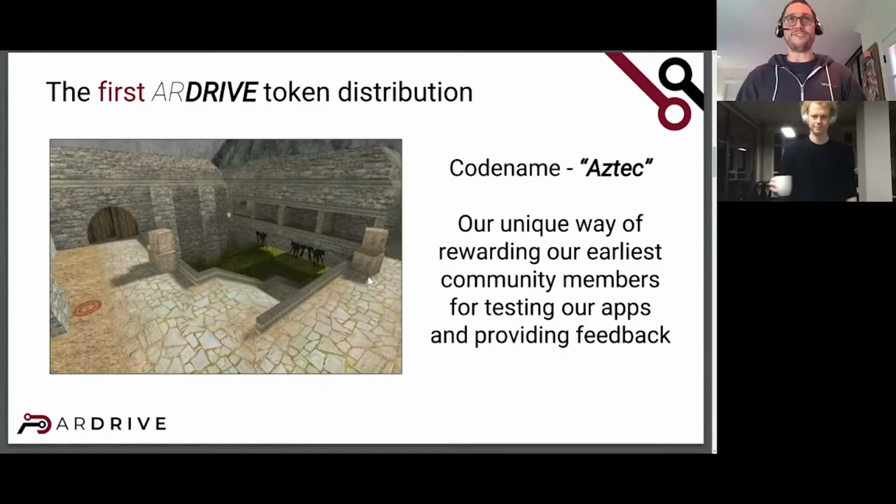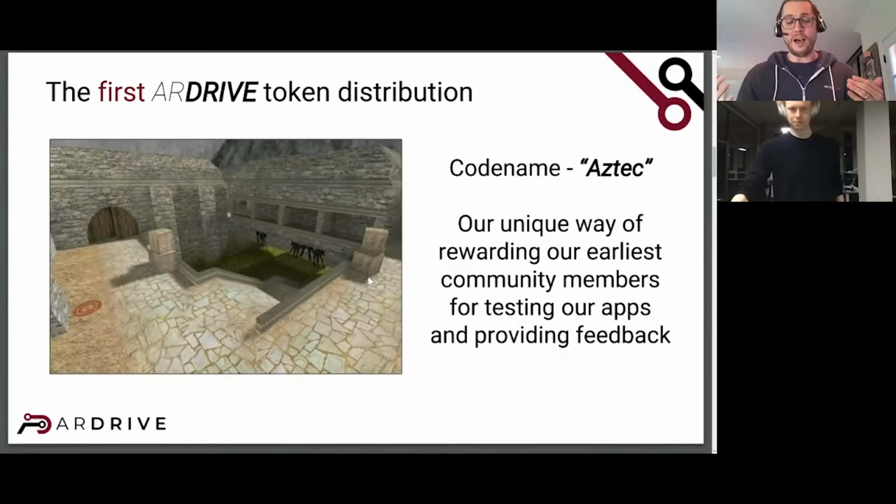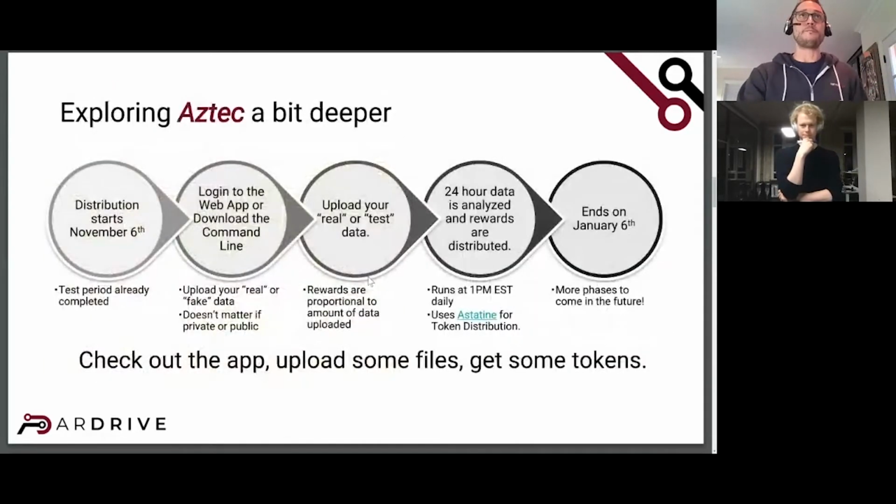I don't know if there's any Counter-Strike fans out there, but this is a map from the game. It's a very simple map, lets people focus on their team skills as well as their own skills. And I thought that was fitting for ArDrive, where we're at now with the beta. And it's really our way of rewarding our earliest adopters for testing our apps and giving us some feedback.